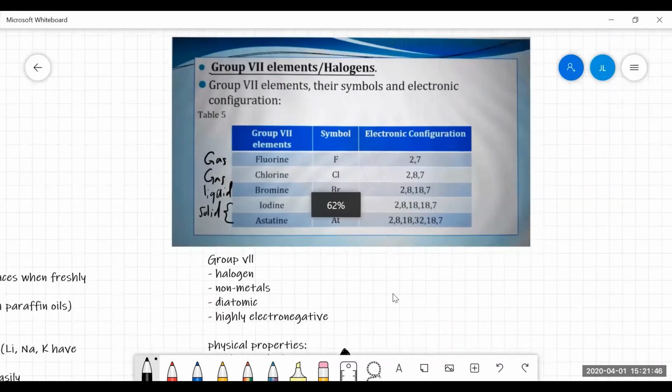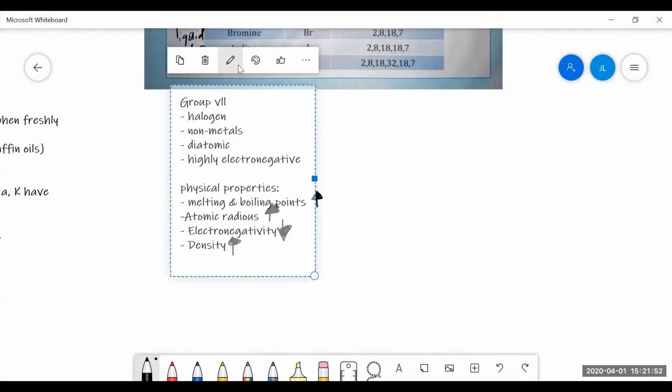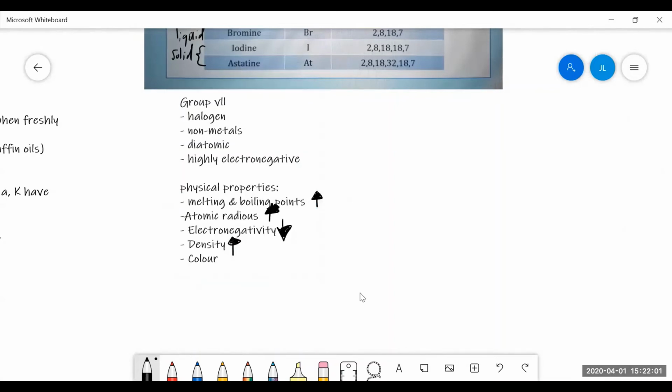One more physical property is color. As they move down the group, what happened to the color? Becomes darker. I think it's important for you to memorize.